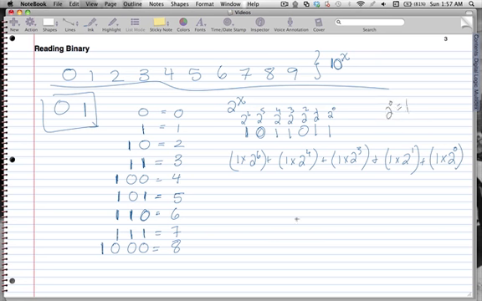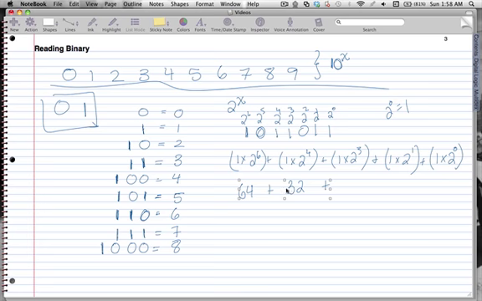Alright, so these numbers, 2 to the 6 is actually 64, plus 2 to the 4 is actually 16.